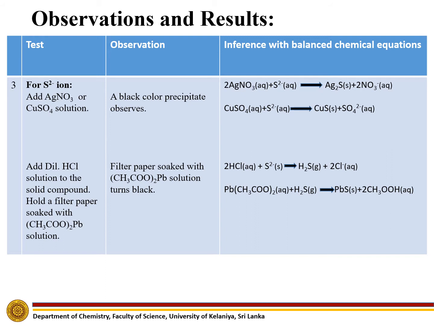In the next part of the experiment, when we add dilute hydrochloric acid to the given powder, hydrogen sulfide is emitted. Hydrogen sulfide will react with lead acetate and form lead sulfide. So, the color of the filter paper soaked with lead acetate solution will turn black.